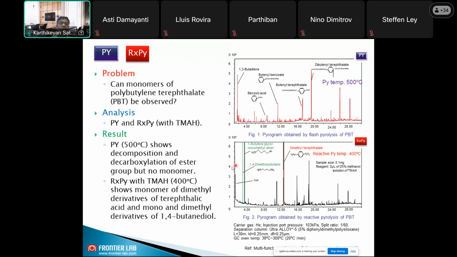Similarly, for the butanediol, we can see butylene glycol monomer ether and dimethoxybutane. So this is the benefit of reactive pyrolysis. When your standard pyrolysis does not provide a distinct peak for the monomer, we have to consider reactive pyrolysis.